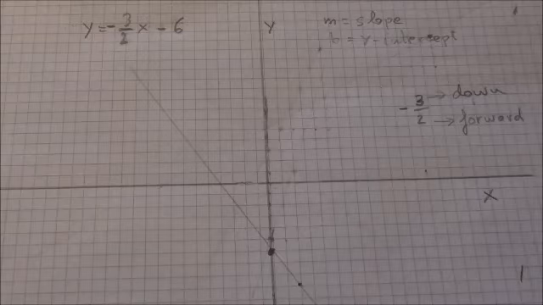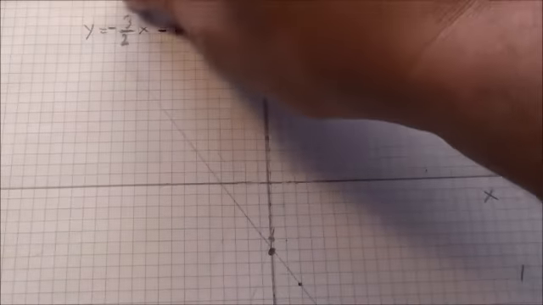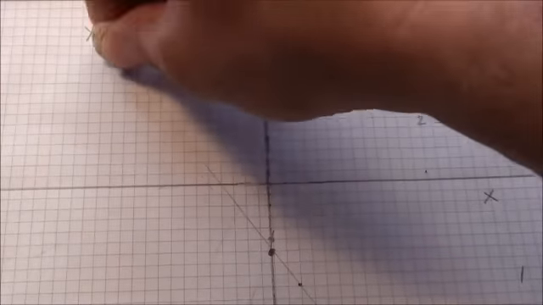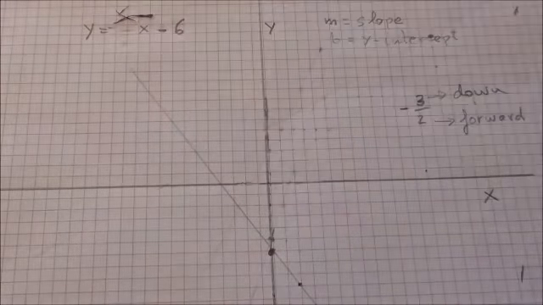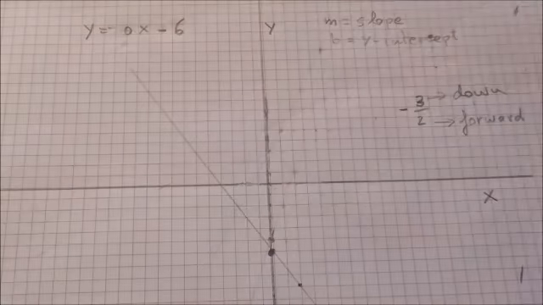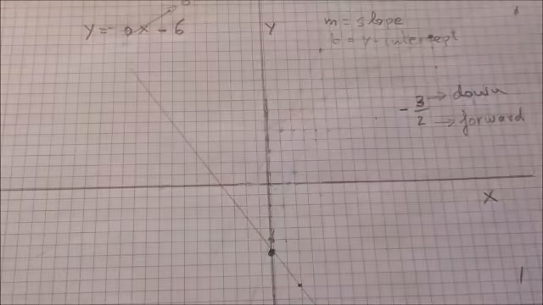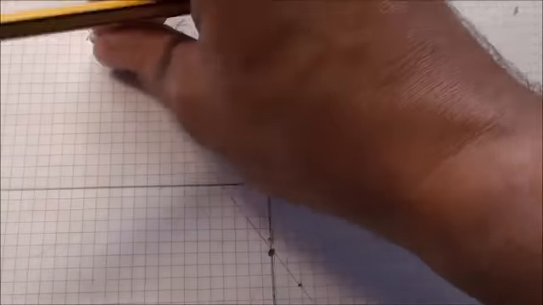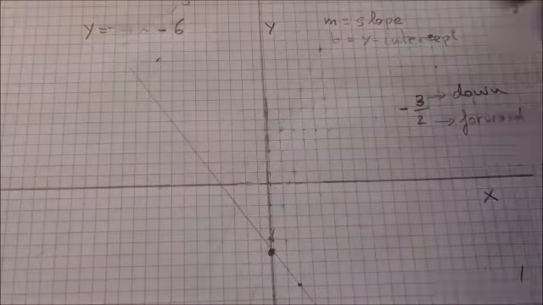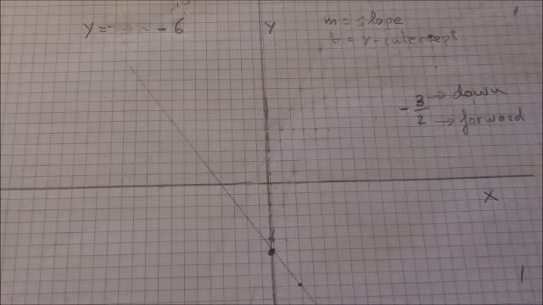Okay, and now can anyone guess what is going to happen if I change the slope and make it 0? If I make the slope 0 times x, this term will vanish. This becomes 0. So the function becomes y equals -6. And what is that?